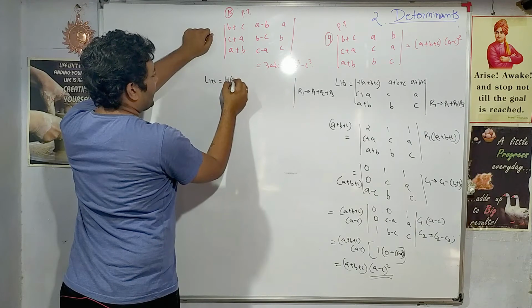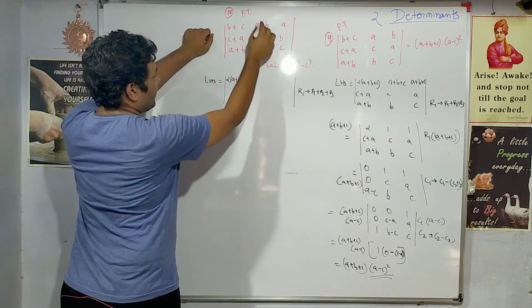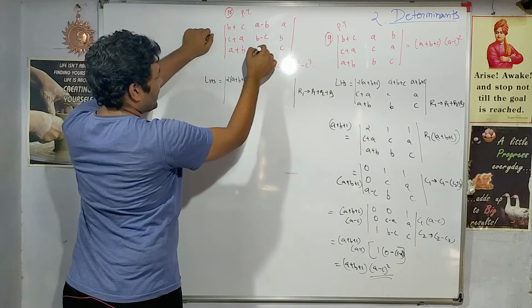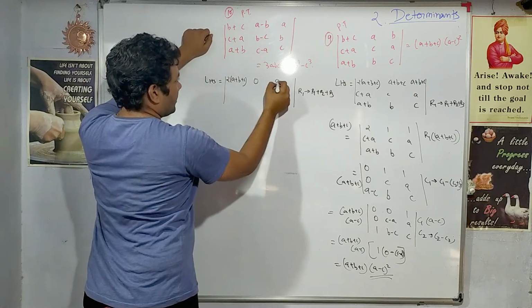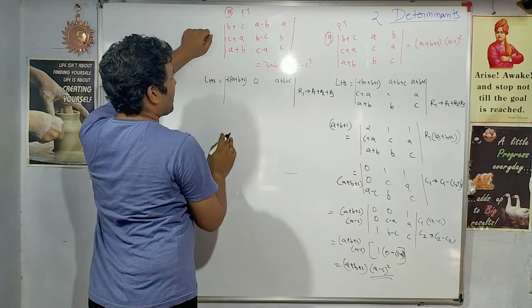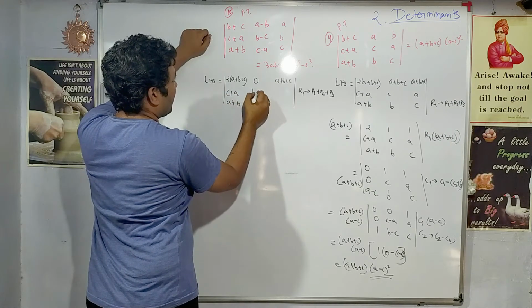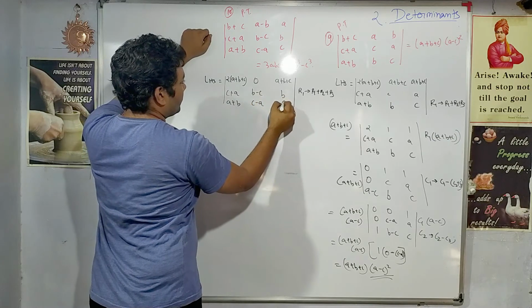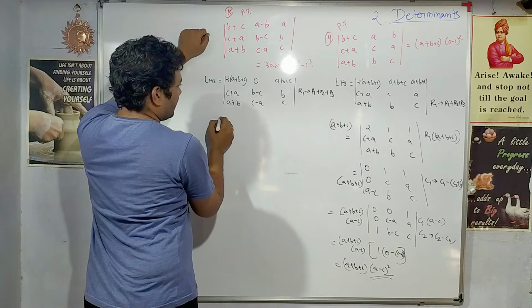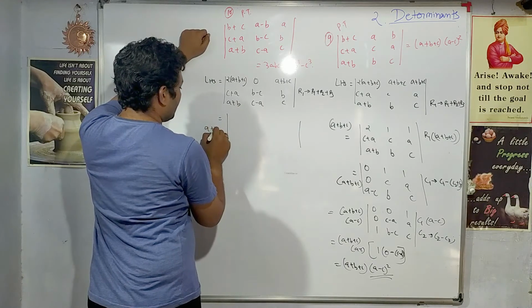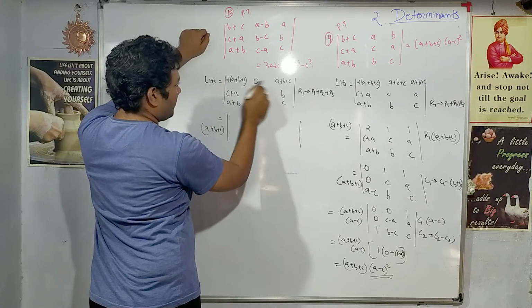So here I will get a plus b plus c, here I will get 0, because this one if you add, b cancels, this one again if you add, c cancels, a cancels. Here I will get a plus b plus c. The other rows let them be as they are, right? Then a plus b plus c common from the first row.